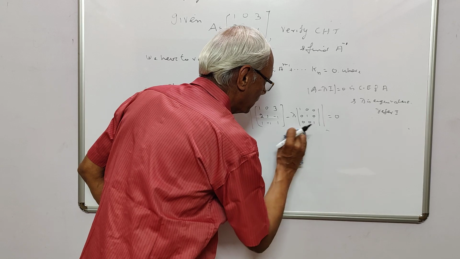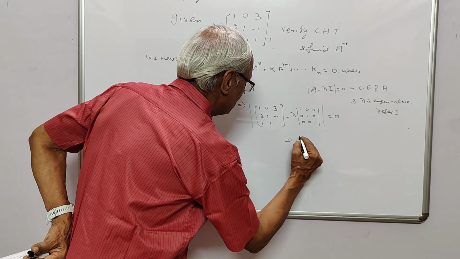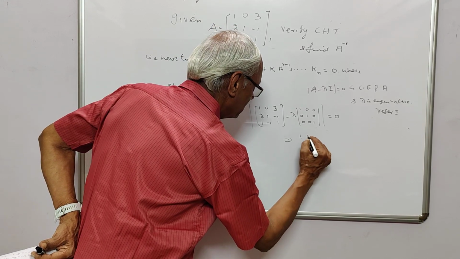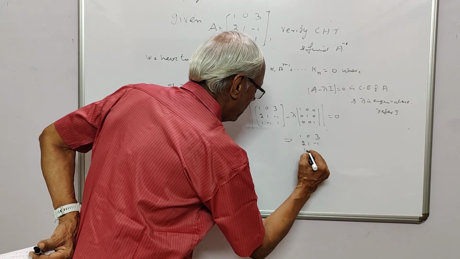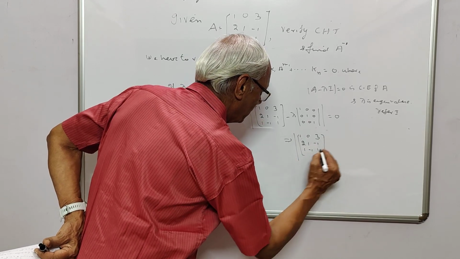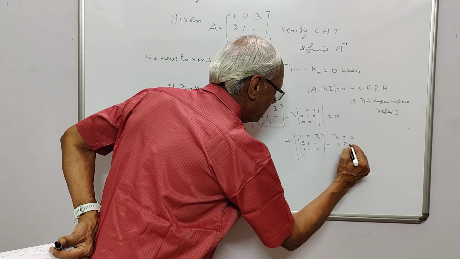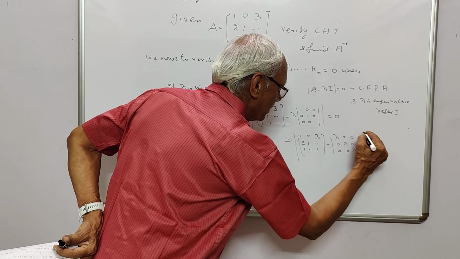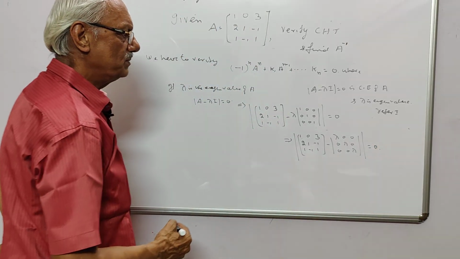This implies the matrix 1, 0, 3, 2, 1, minus 1, 1, minus 1, 1, and taking out I inside the modulus, minus lambda 0 0, 0 lambda 0, 0 0 lambda, must be equal to 0.